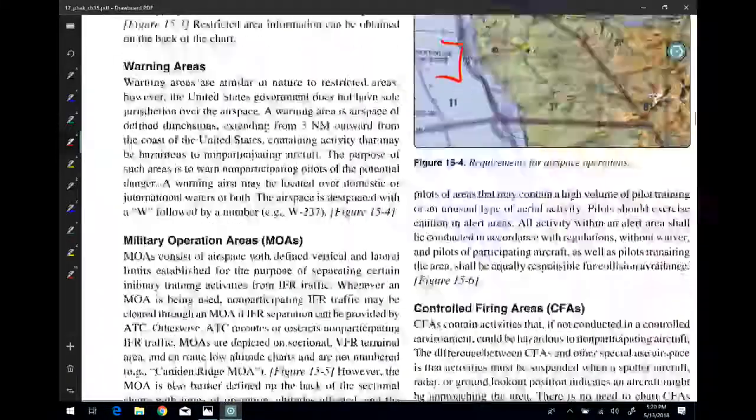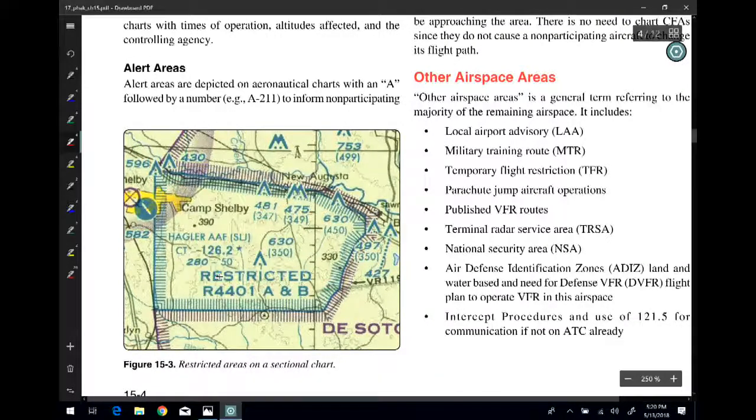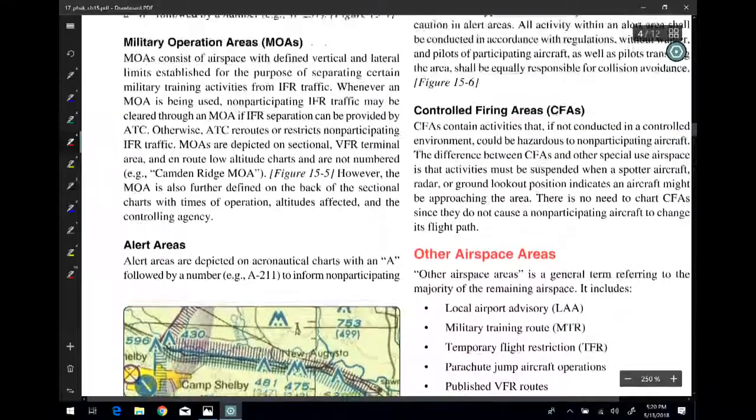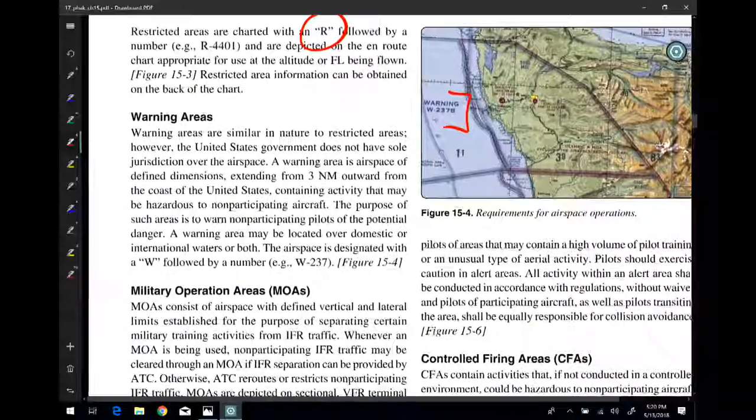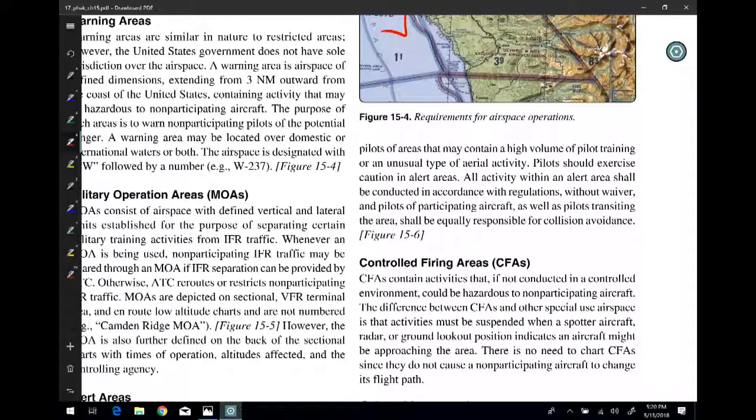Let's see if there's an alert. There's a warning area. Well, it'll tell you. In these airspaces, you'll see these hashed blue lines like that, and then it'll tell you if it's an alert area. That's something that, again, ATC is going to know, and in some cases, it's going to be a lot of pilot training or a lot of activity. It's going to be busy, perhaps, so you're definitely going to want to know what's going on in those areas.